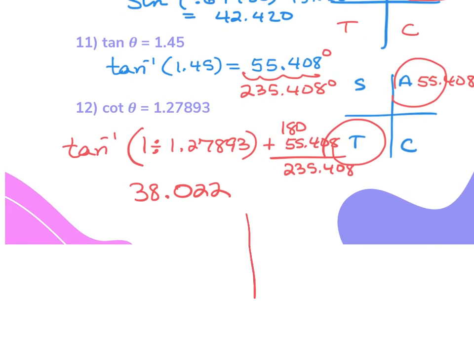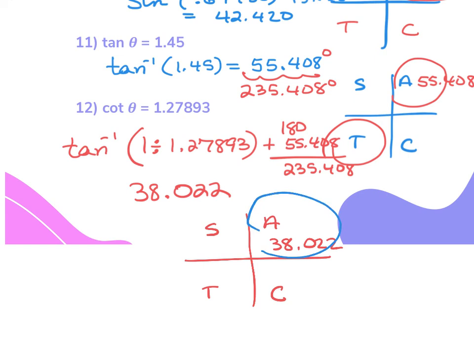I'm now going to add in my "All Students Take Calculus." The 38.022 is here. I know tangent is positive here and here, or cotangent. Remember, all 6 are positive in the first one, and then here, this is tangent and cotangent.